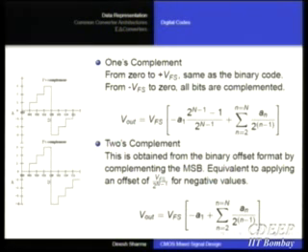I'll have to make sure that it is accurate. What we say is that for a bipolar signal, from 0 to plus VFS there is no problem. It's positive, so I use the same as usual and have a 0 in front of it.